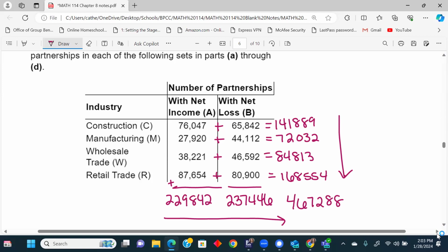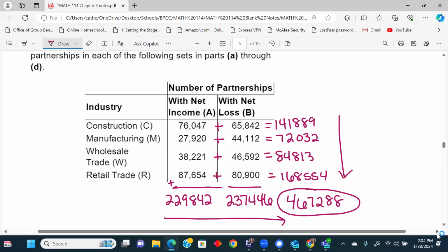This will be a good way to check. Okay, I got 467,288. So when you add down the column on the very right and add across on the very bottom, you should get this number for both of them. That's just a way to check. That would be the total number of partnerships in this survey, whatever it came from.